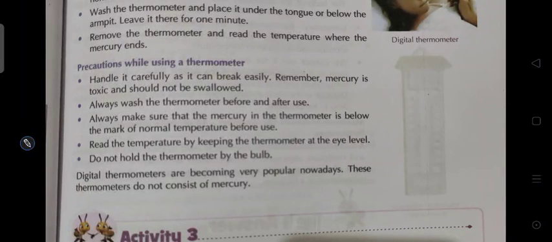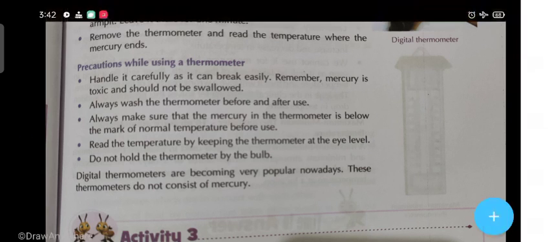Second, the precautions while using a thermometer. Students, some precautions should be followed, because if you do not follow those precautions, then what happens? So let's see. Handle it carefully as it can break easily. Remember, mercury is toxic and should not be swallowed.